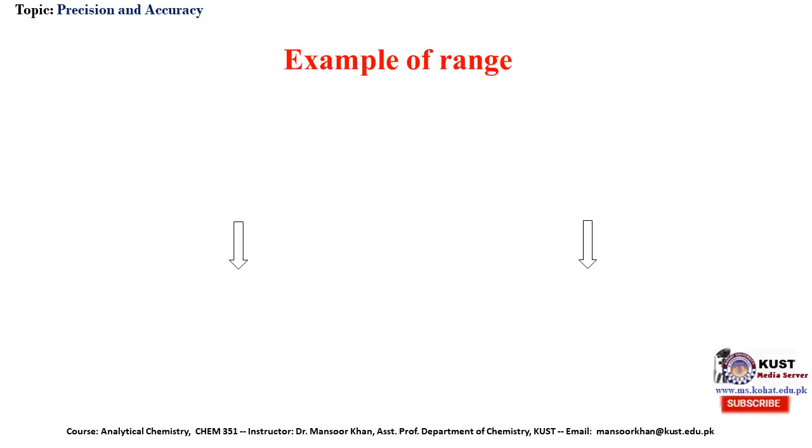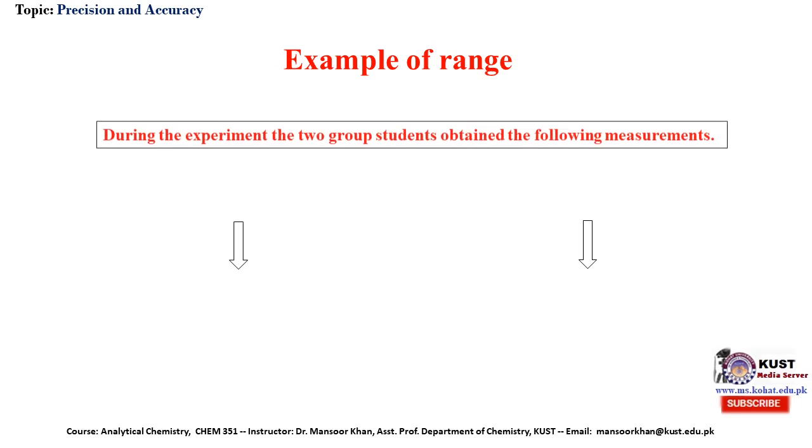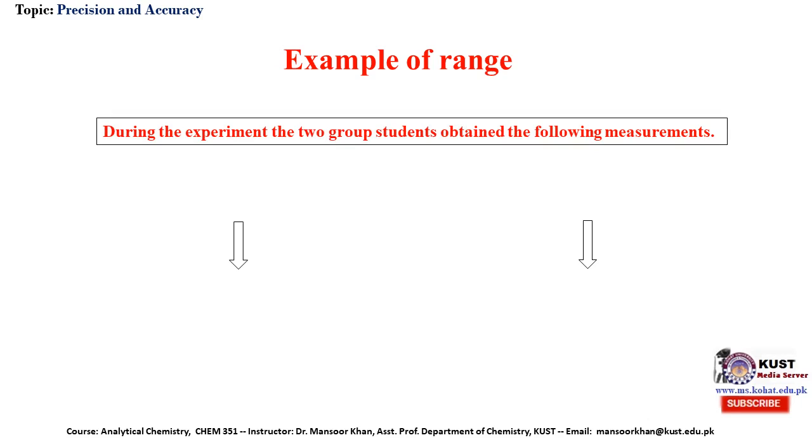This slide shows an example of how range can be calculated and how it can be used for measurement of precision. During the experiment, two groups of students obtained the following measurements.